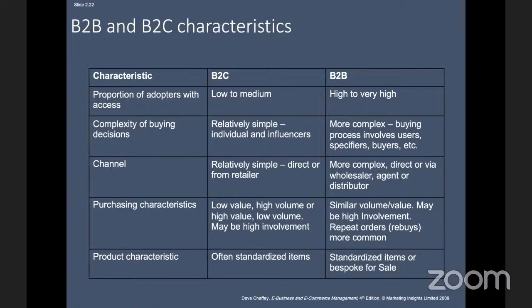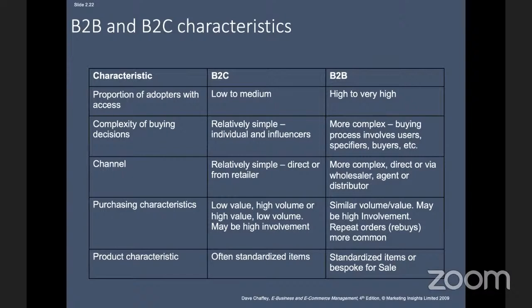In terms of product characteristics, if we consider B2C, often standardized items, because when you are providing your products to your customers directly, you offer them standardized items or the products that are trendy according to the market needs. And in B2B, standardized items or bespoke for sale.